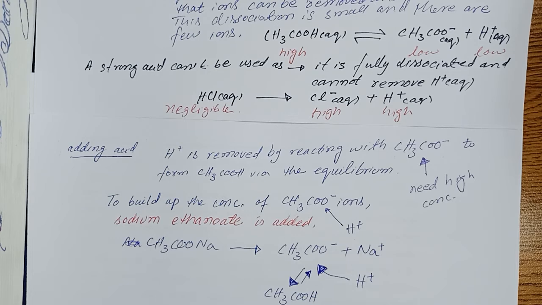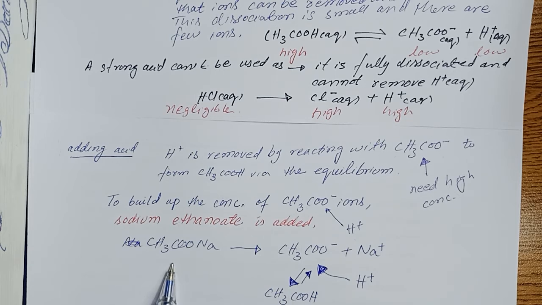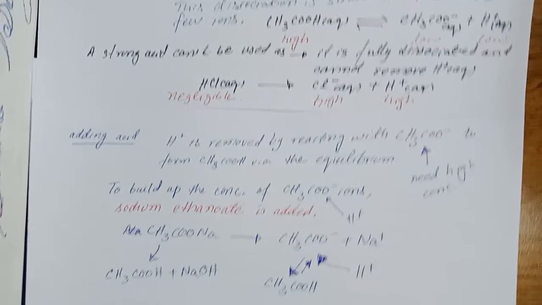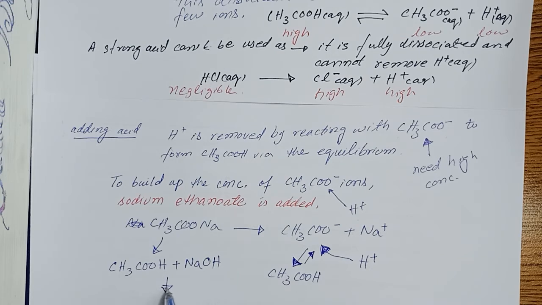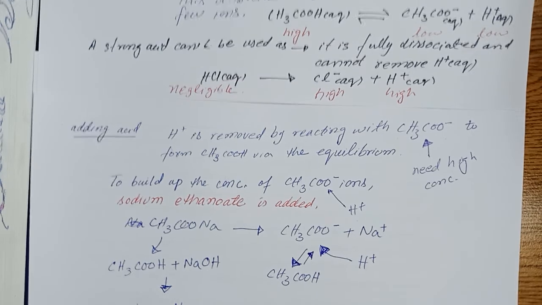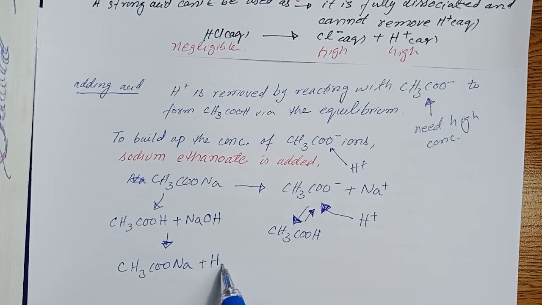It means that for the formation of an acidic buffer we require a weak acid and its strong conjugate base, or we can call it the salt of a strong base. So this salt is actually formed from the reaction of acetic acid and sodium hydroxide to give sodium acetate and water.